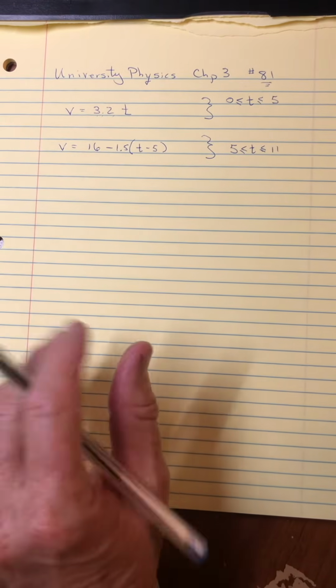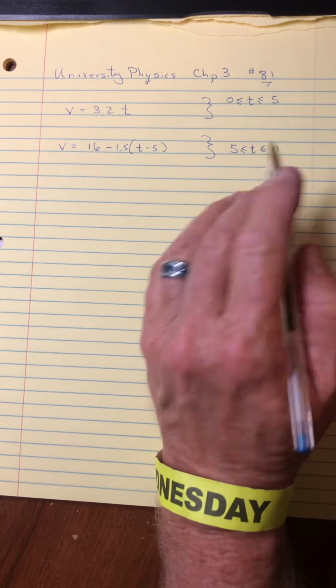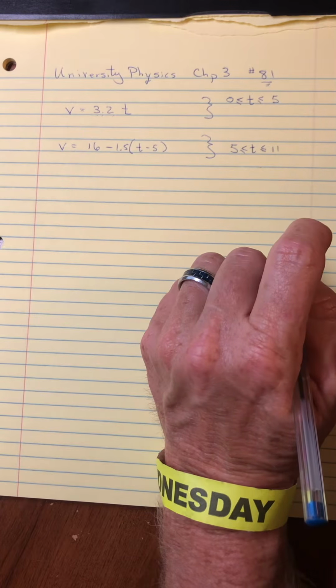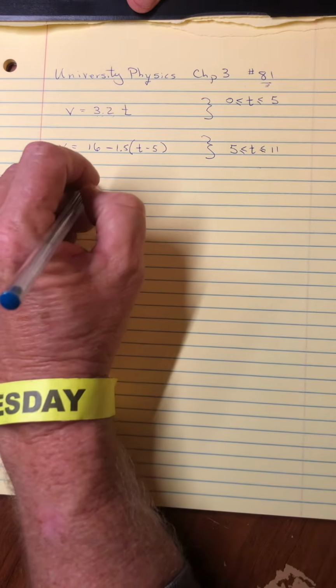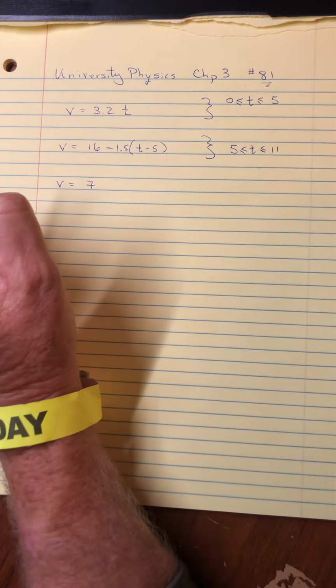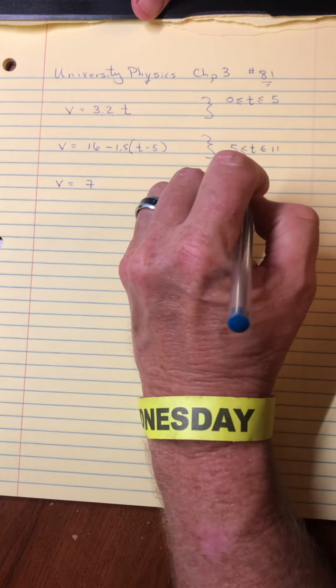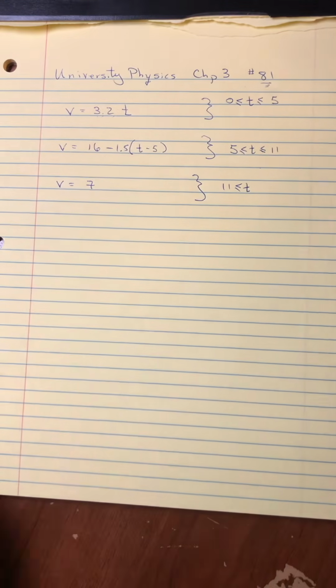Now, let me keep reading. It says this decrease continues until 11 seconds, after which the particle's speed remains a constant at 7. Okay, so v equals a constant 7, and I guess this would be for any time greater than 11. And I suppose we should check.